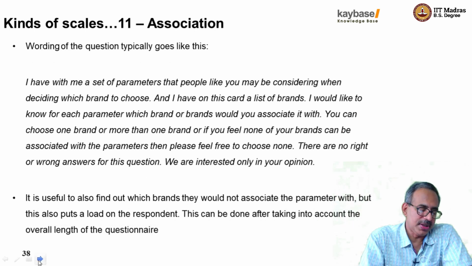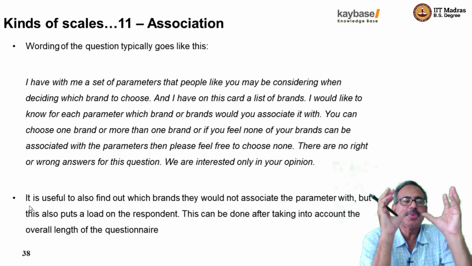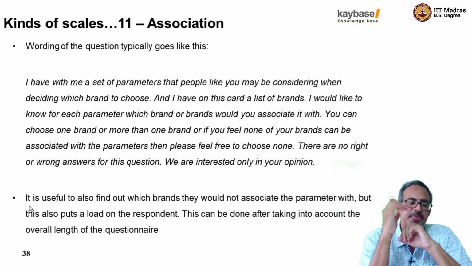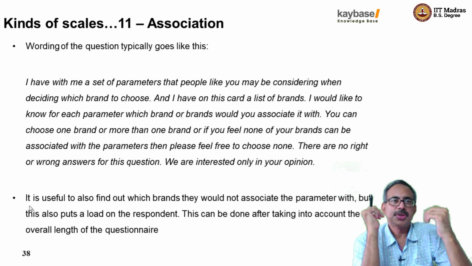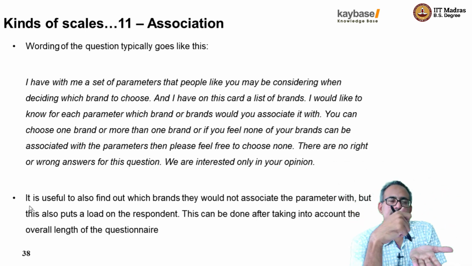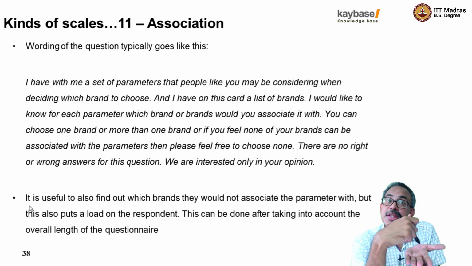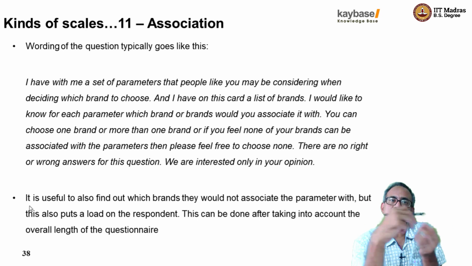This is an association scale. So this is about which brands do I associate with which qualities. Okay? So you'll show a list of qualities. If it is soap, you will show fragrance, lather, feel on the skin, moisturizing effect, color, ease of opening the packaging, comes for a long time, doesn't dissolve easily.